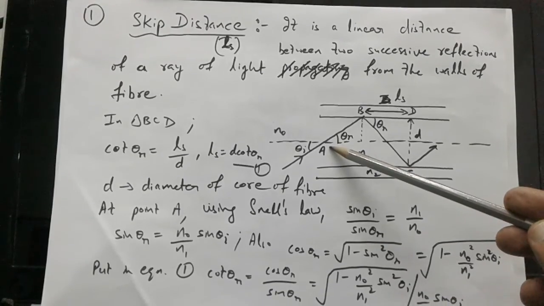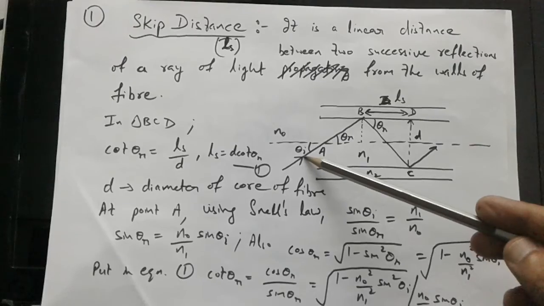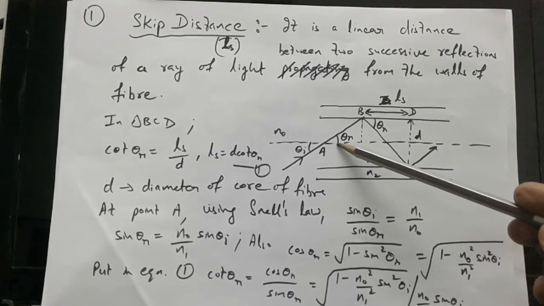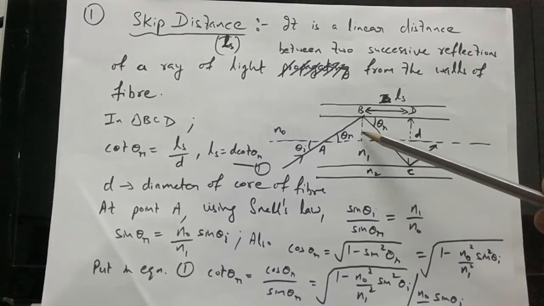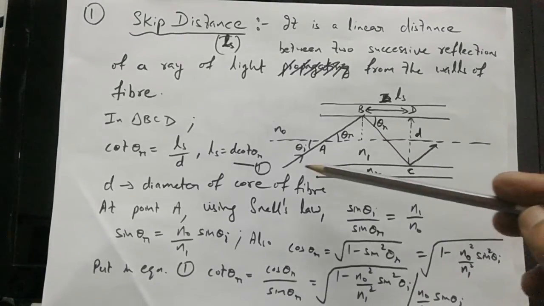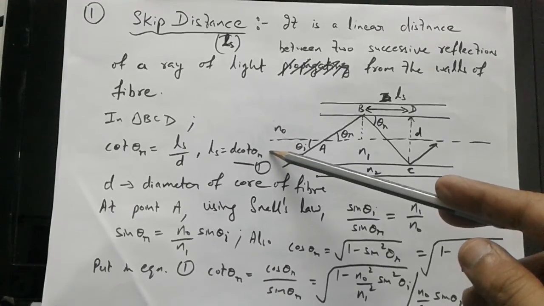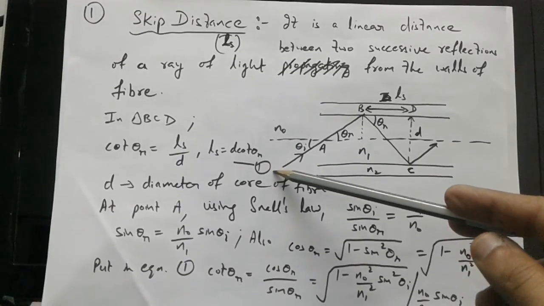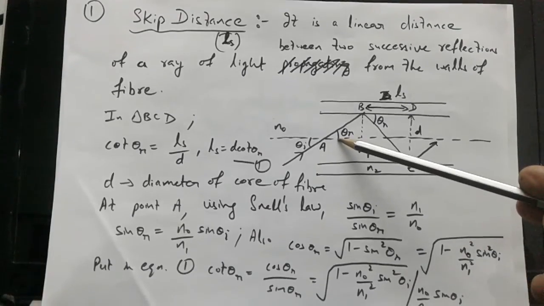Snell's law says that sine of theta i, that is the angle of incidence, over sine of theta r is equal to the ratio of the refractive index of the core over the refractive index of the medium from which the light is incident onto the optical fiber.